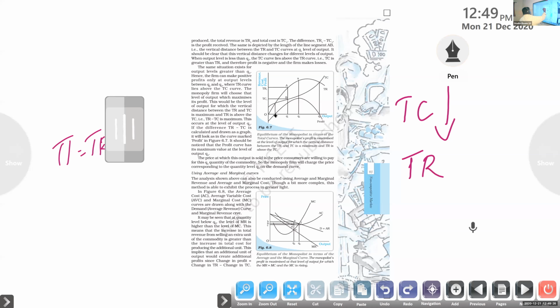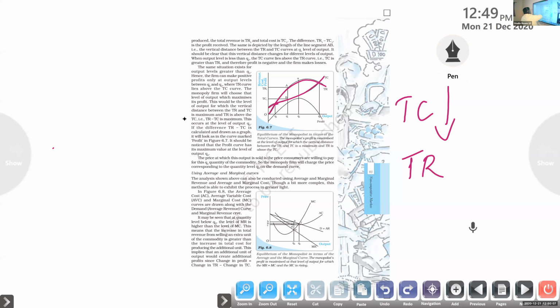So it is not profitable, profit is negative, and the firm faces a loss. For the firm to make profit, the TR curve must run higher than the TC curve. If the TR curve is lower than the TC curve, it is a loss.